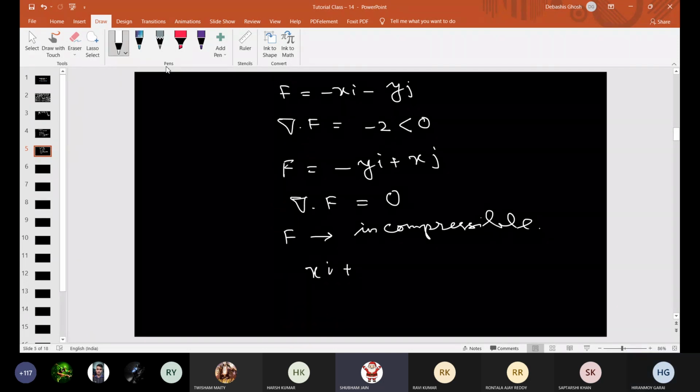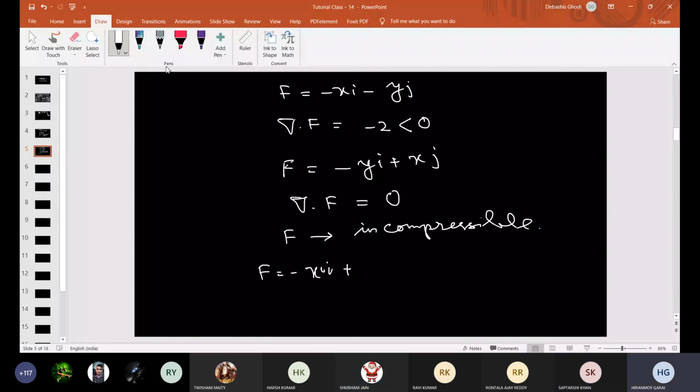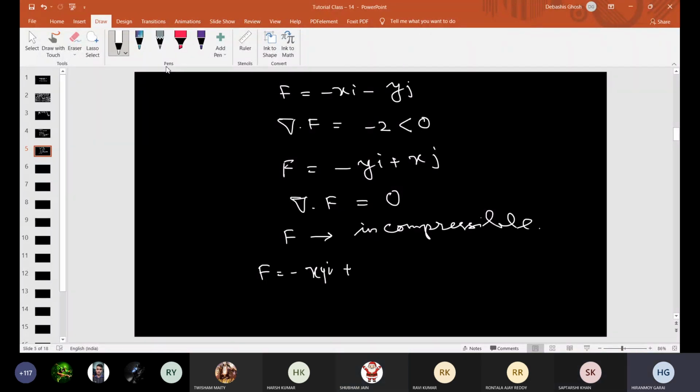Suppose f equals minus xy i cap plus yx j cap. Then you need to find out at that particular point what you are getting.